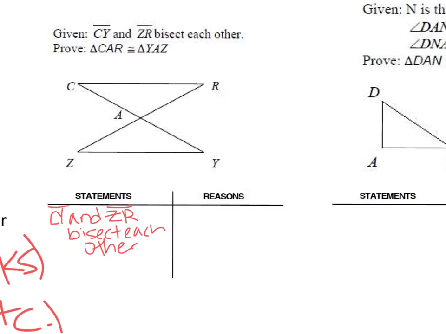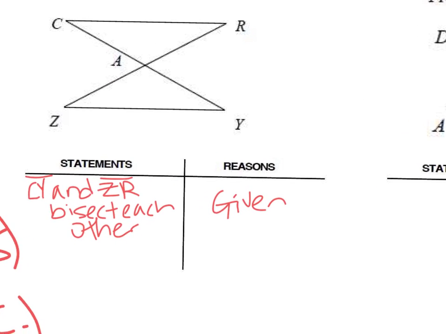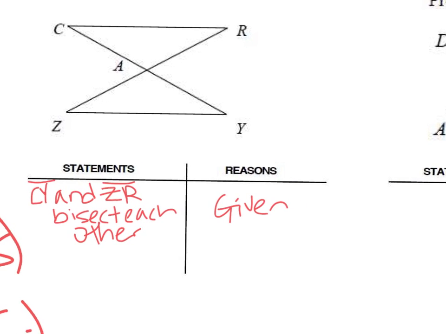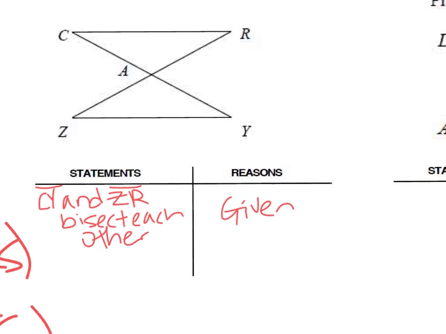And my reason is that's given. And I'm going to write each statement that I know in a different color so we can kind of keep track of that. So the next thing that I'm going to do is mark my triangle based on that information.